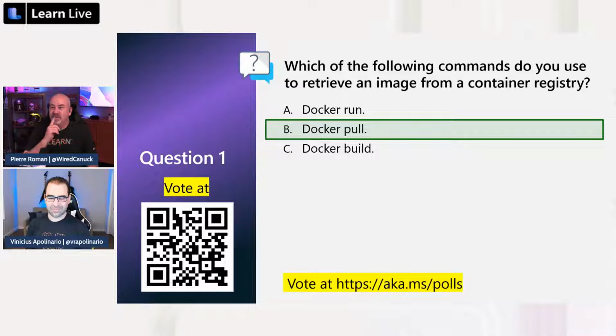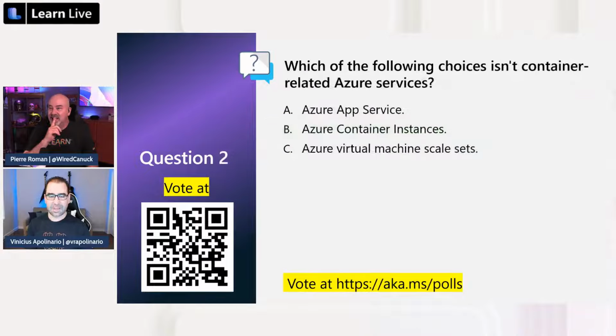All right, question number 2. Sorry, go ahead, Pierre. No, it's okay. Which of the following choices is not a container-related Azure service? So A would be Azure App Service, which is exactly the demo we're running, and we've already explained that it's kind of the underpinning of some of the Azure container services. Azure Container Instance, or ACI, has container in its name, so I assume this would be container related, or a VM scale set.